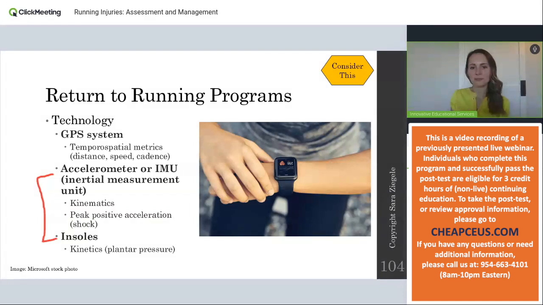So these can offer more data than just the GPS systems alone, and actually talk about some of the gait characteristics as well. And then the insoles, these are going to actually switch from the kinematics to kinetics, because now we have plantar pressures and actually looking at how the force is within the shoe. And all of this technology is available to our runners independently, not just clinically.